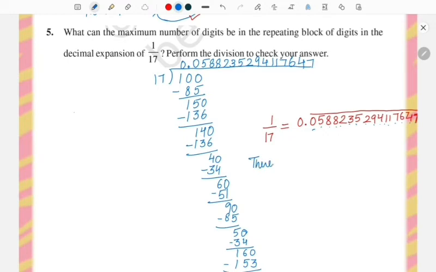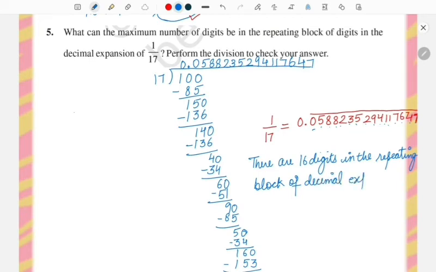There are 16 digits in the repeating block of decimal expansion of 1 by 17.